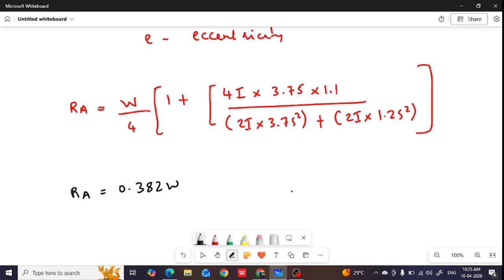Now the intensity of the load on the girder. How to find the intensity? We have got a reaction factor. This is the reaction factor which is acting on girder A. From the reaction factor, we are required to find the intensity of load on the girder. So we will see how to find that.